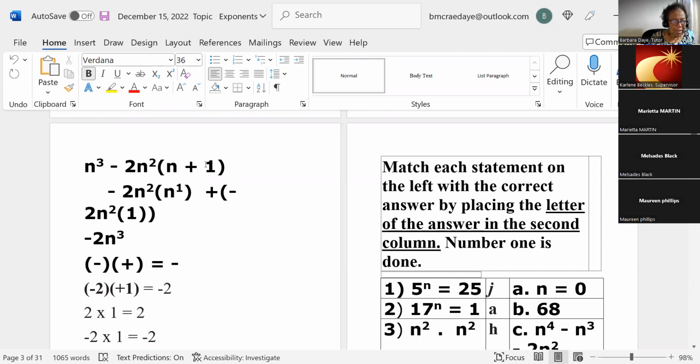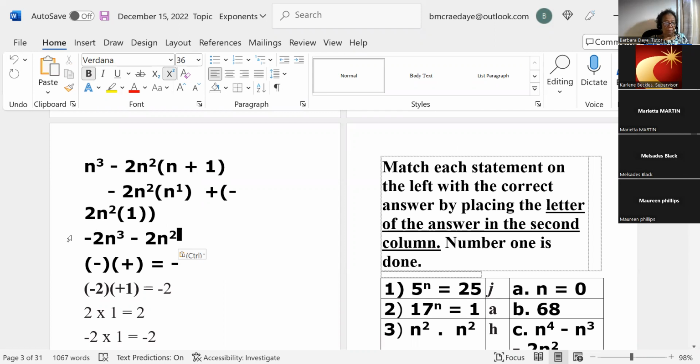No, it's minus 2n to the second. You can't throw away your powers. Remember, I just said when you multiply by 1, you get the same expression.